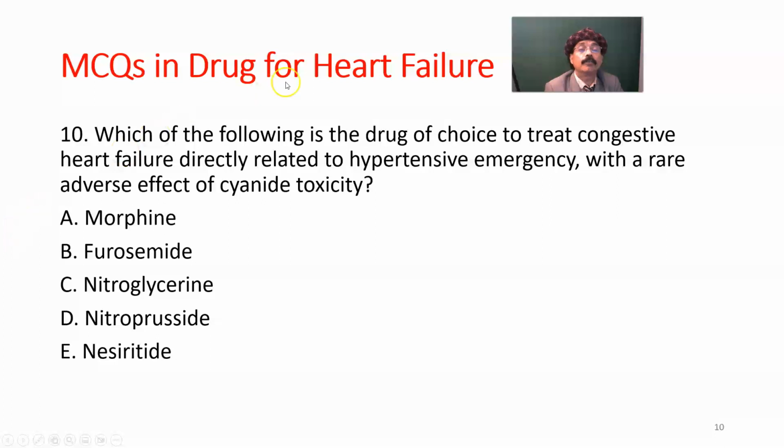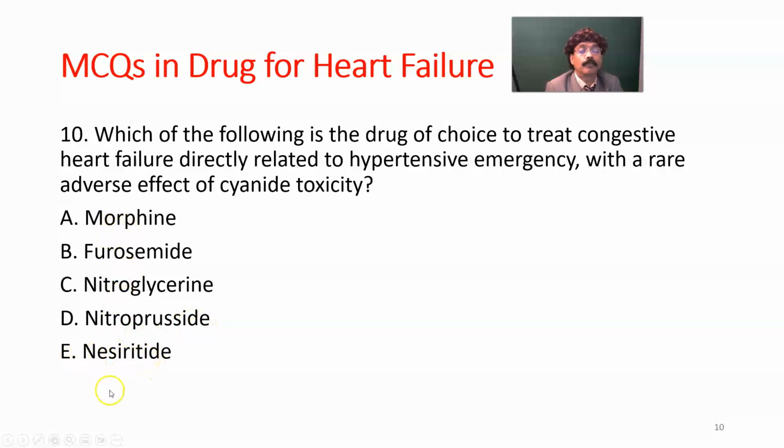Question number 10. Which of the following is a drug of choice to treat congestive heart failure directly related to hypertensive emergency, with a rare adverse effect of cyanide toxicity? Morphine, furosemide, nitroglycerin, nitroprusside, nesiritide.